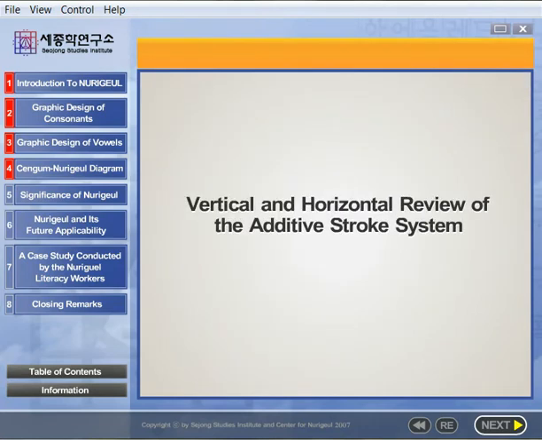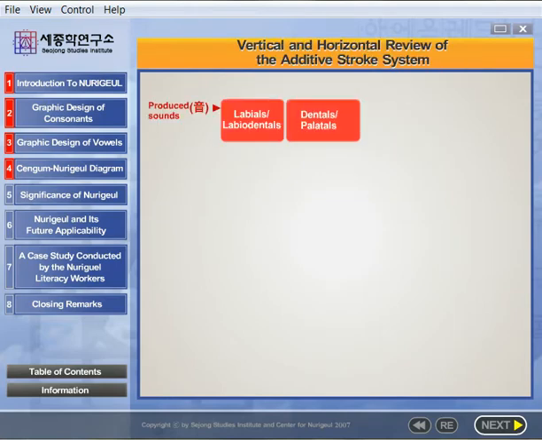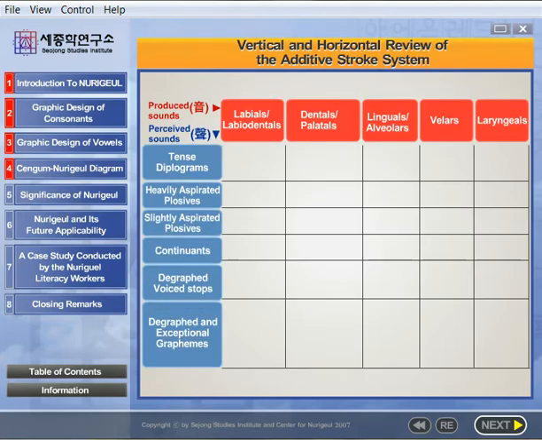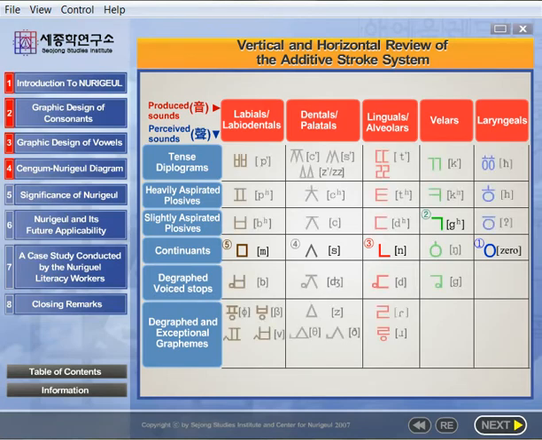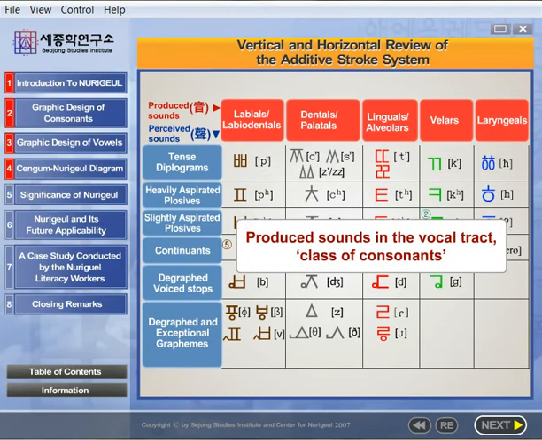To help us get organized about the numerous Nurigle scripts mentioned before, let's look at the chart. The numbered consonants in the chart are basic graphemes in each of the 5 homoorganic categories. The columns in the chart are discretely produced sounds in the vocal tract. They represent the class of consonants.